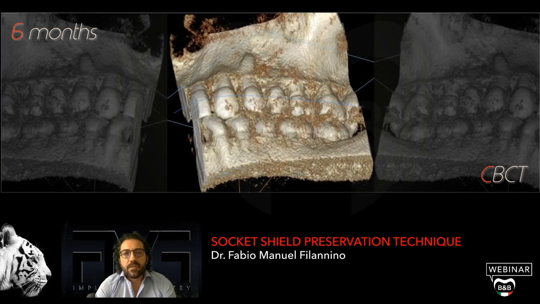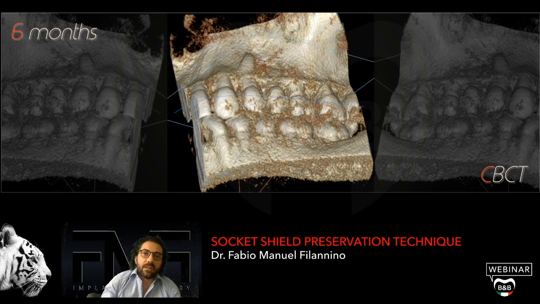Here, this image for me is the best way to show you the potential of this technique. Because if I asked you from this image to guess where the implant is, it is very difficult.